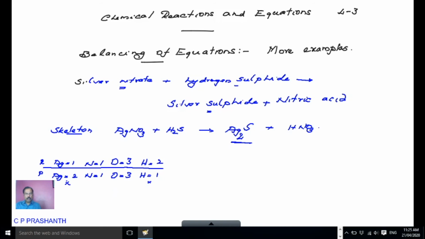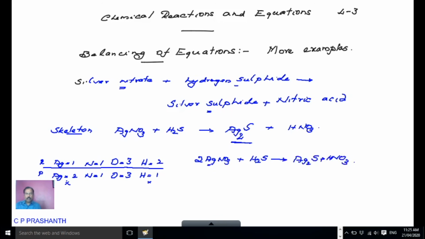Now we have to see sulfur also. Now you can see silver is not balanced, nitrogen is already balanced, oxygen is balanced, hydrogen is not balanced, sulfur is balanced.